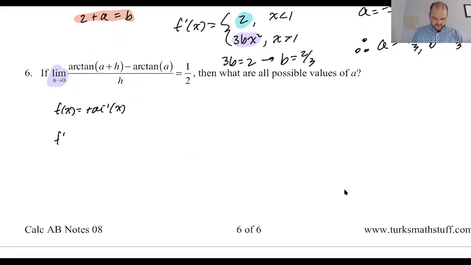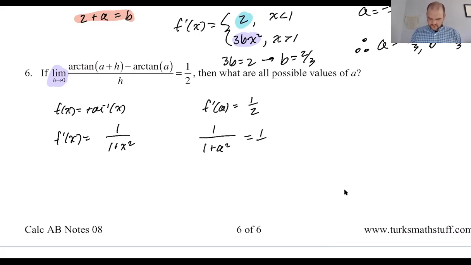So f prime of x, I memorize this, is 1 over 1 plus x squared. So I need f prime of a to equal 1/2. So 1 over 1 plus a squared equals 1/2. 2 is equal to 1 plus a squared, cross multiplying. A squared equals 1. So a is either plus or minus 1.